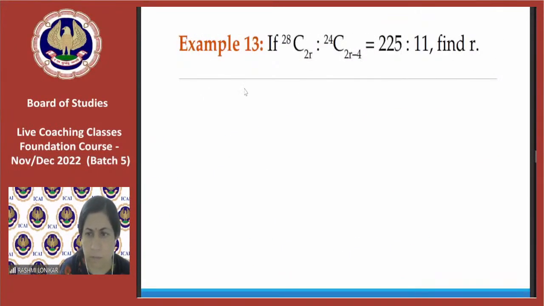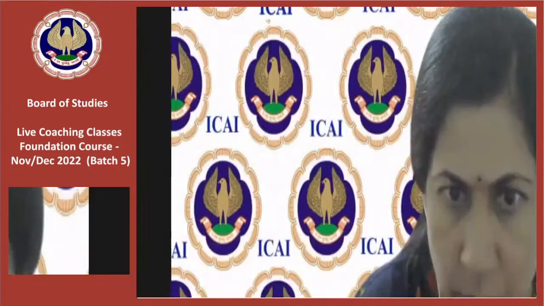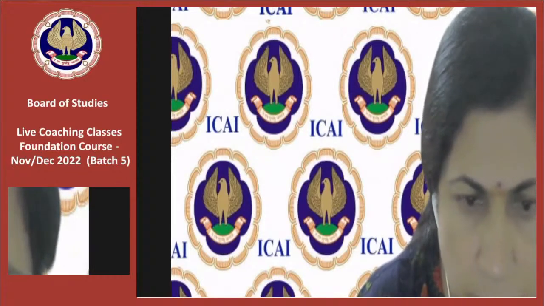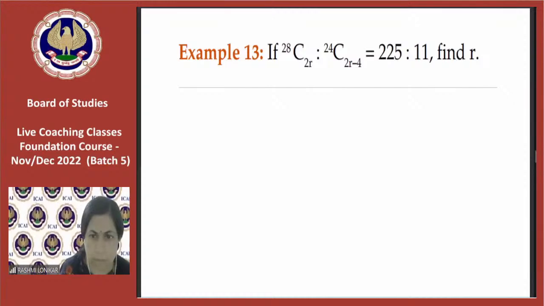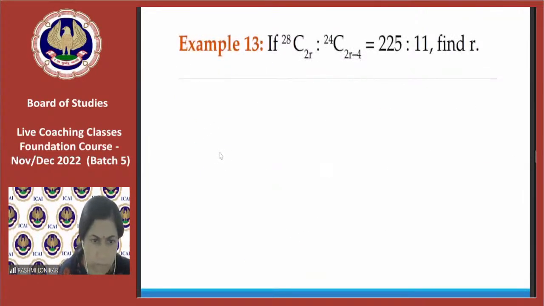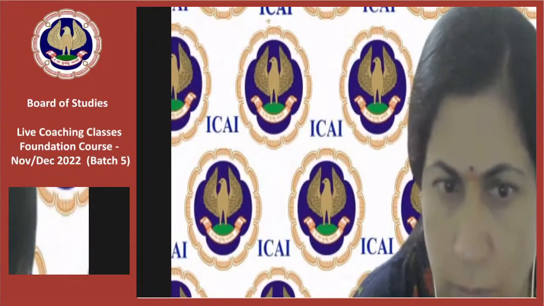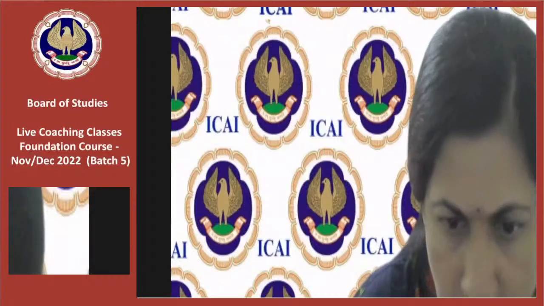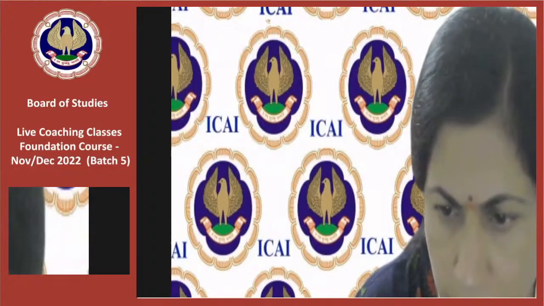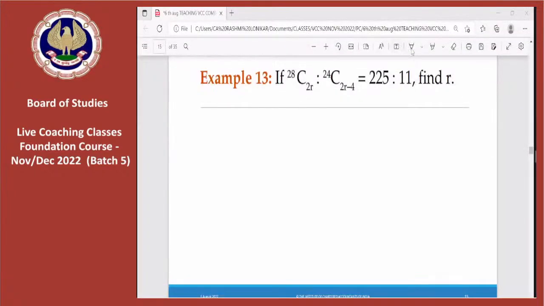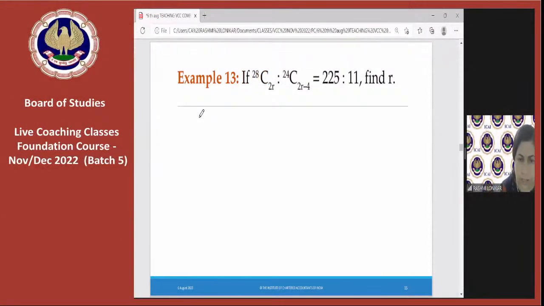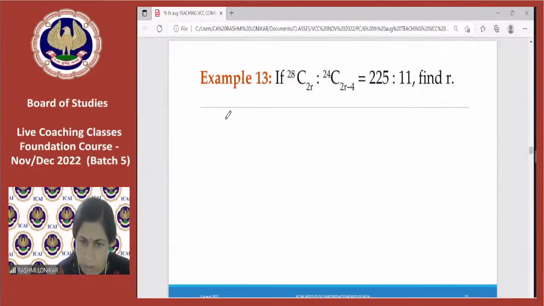Now next sum is, okay. Next sum is 28C2R is to 24C(2R minus 4) is equal to 225 is to 11.